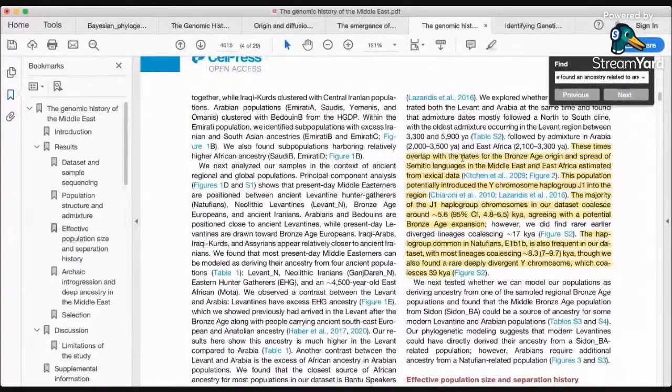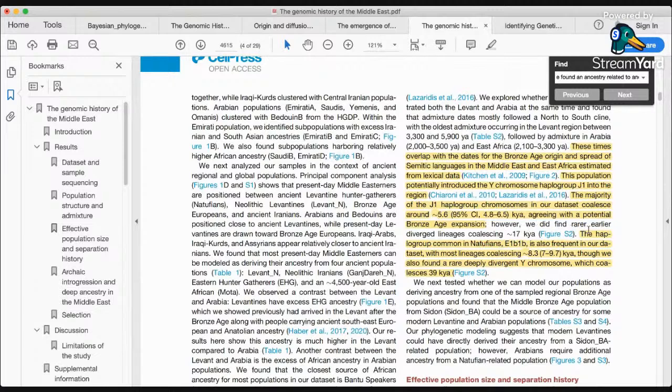These times overlap with the dates for the Bronze Age origin and spread of Semitic languages in the Middle East and East Africa, estimated from lexical data. This population potentially introduced the Y chromosome haplogroup J1 into the region. The majority of the J1 haplogroup chromosomes in our data set coincide around 5.6 KYA, agreeing with the potential of Bronze Age expansion.